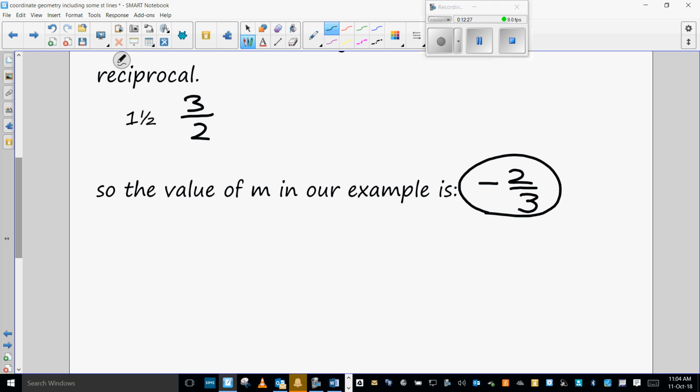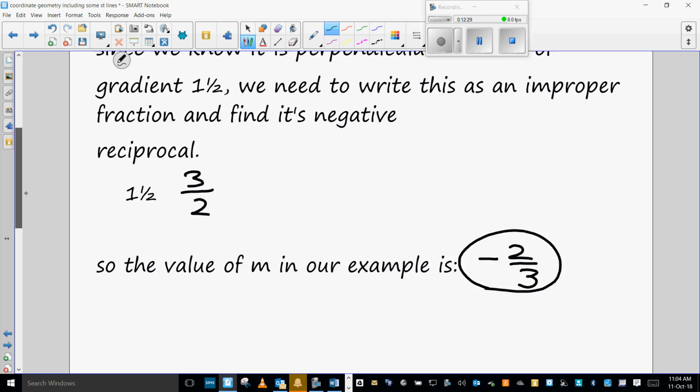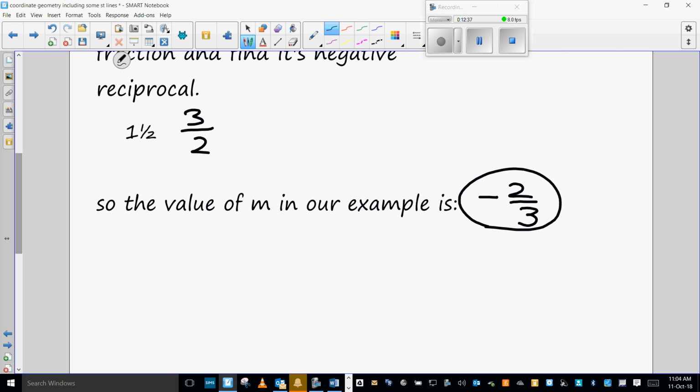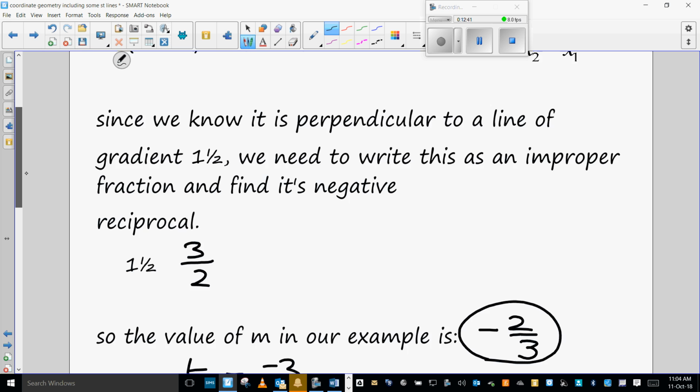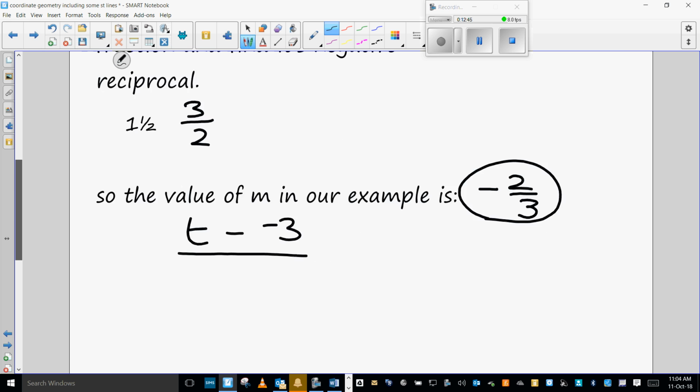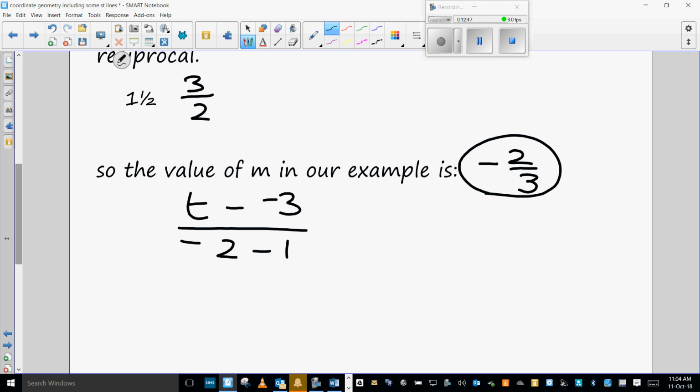So setting our equation up, we're labeling y2 minus y1 over x2 minus x1. So we've got t subtract negative 3 over negative 2 subtract 1. You all happy with that? So that's going to be equal to negative 2 over 3.